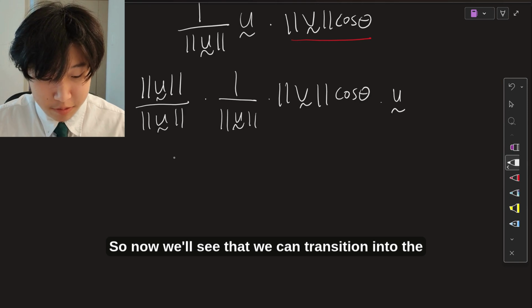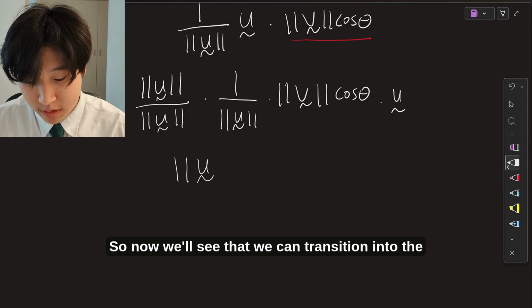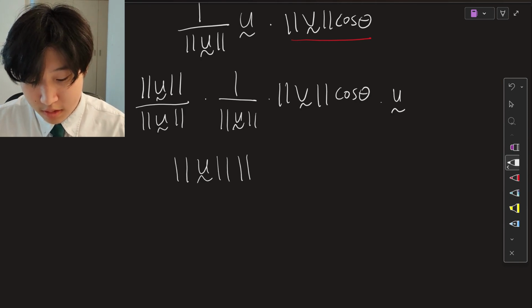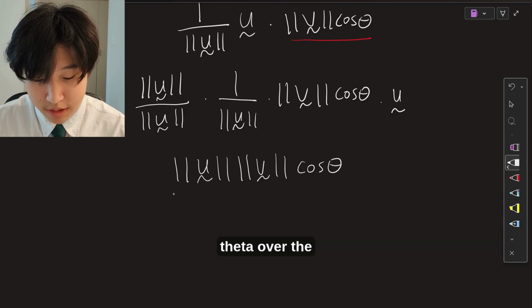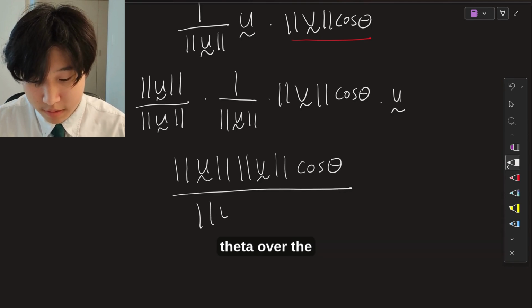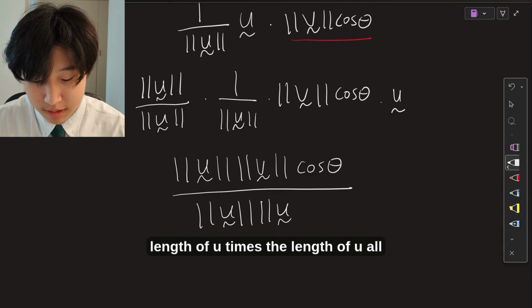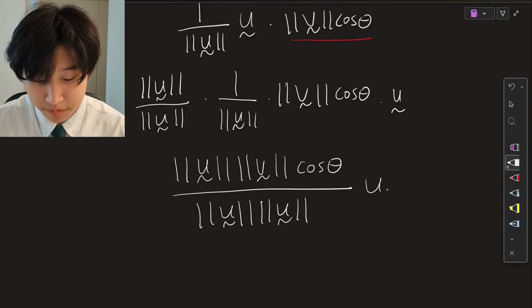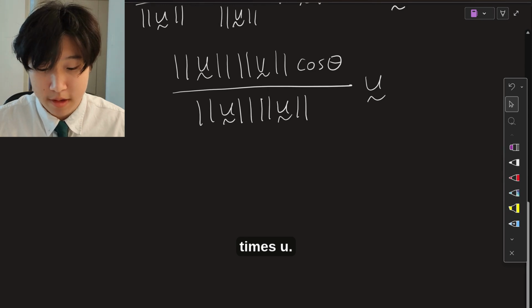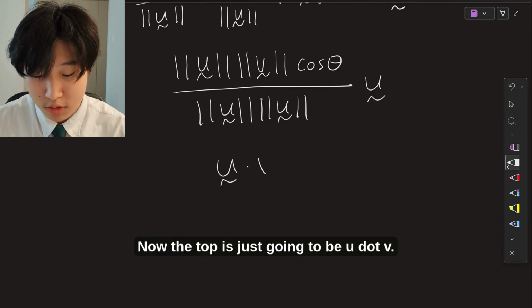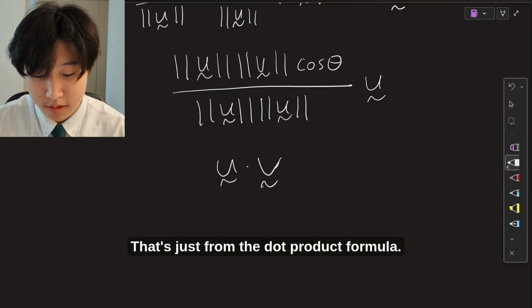So now we can transition into the length of u times the length of v cosine theta over the length of u times the length of u, all times u.